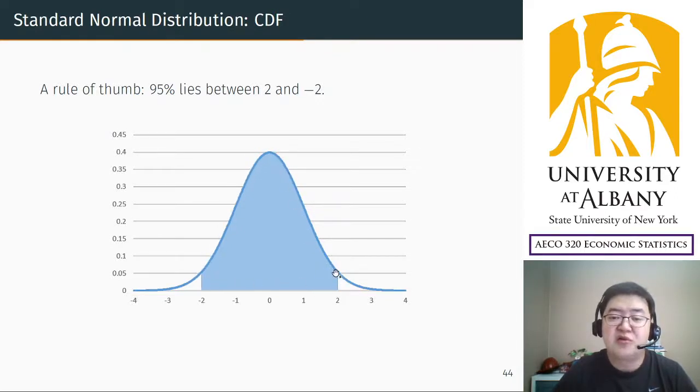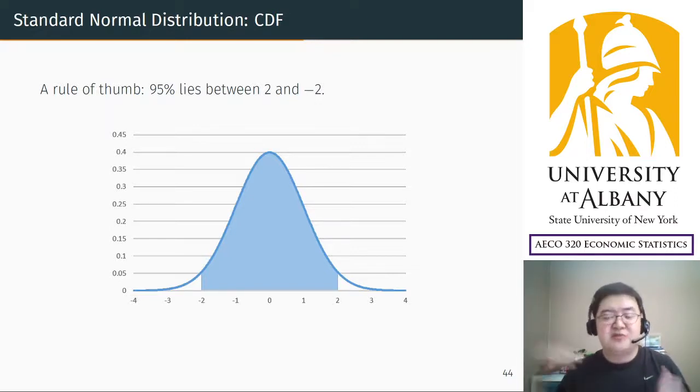In other words, if the value is smaller than minus 2 or greater than 2, then it's an exceptionally small probability, less than 5%, right? So exceptionally good or exceptionally bad. Just as a rule of thumb, approximately, when you have a standard normal distribution, you could predict something within plus minus 2.